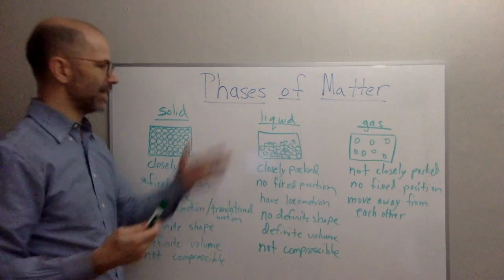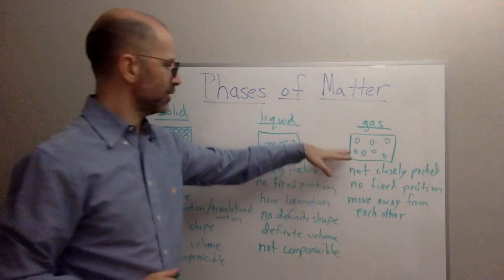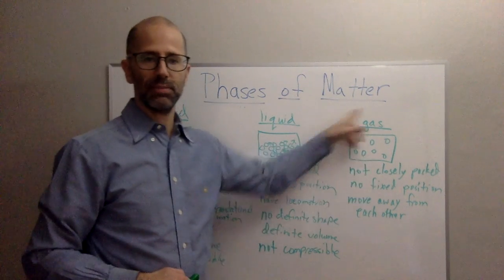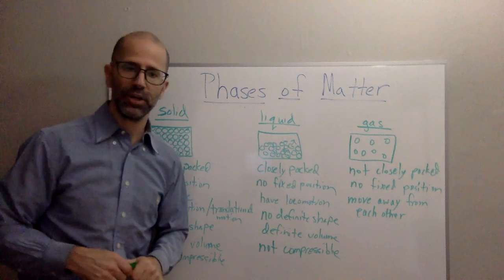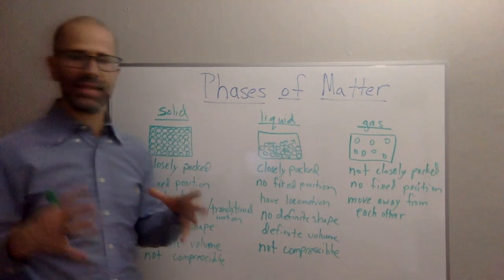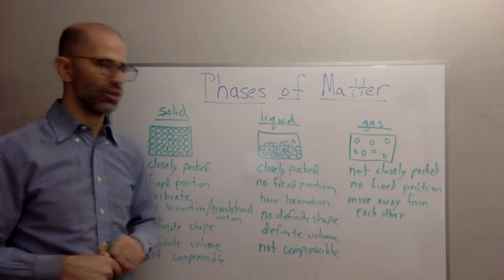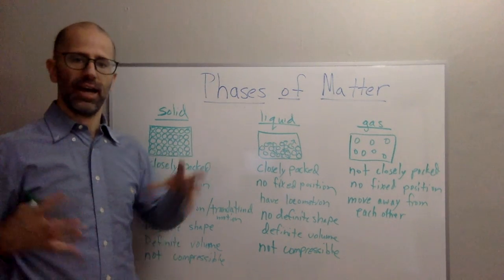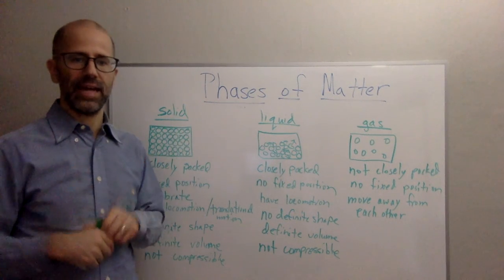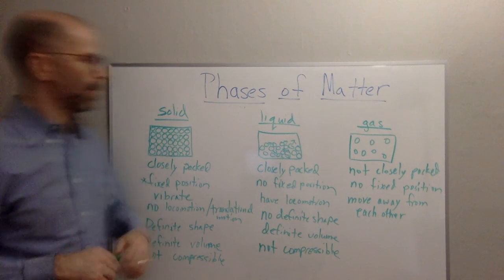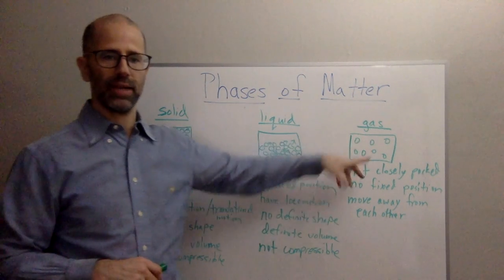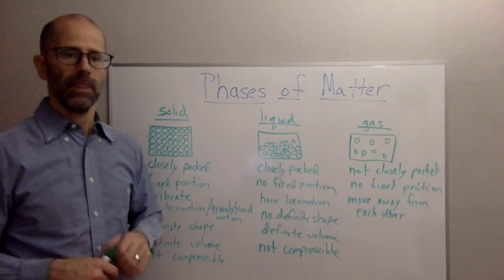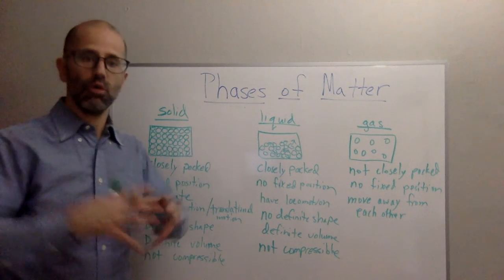Okay, well, what about gases? Gases have a lot of space between them. We know from our experiences that you can compress gases, right? So you can squeeze a balloon and make it smaller with the gas inside. Why is that possible? It's because you have all of that space in between the molecules or atoms. They can move away from each other.